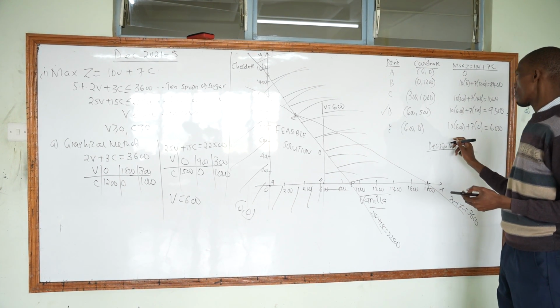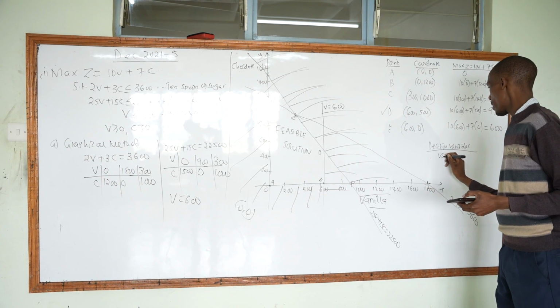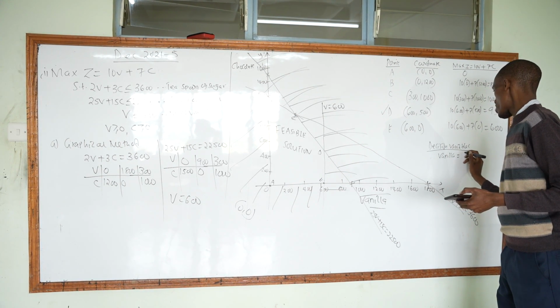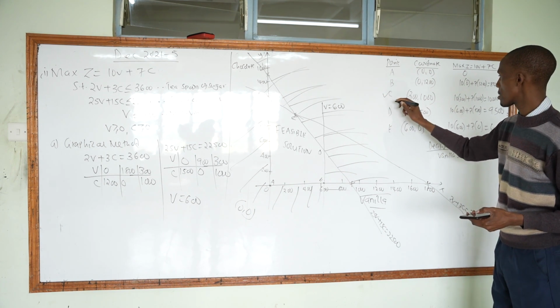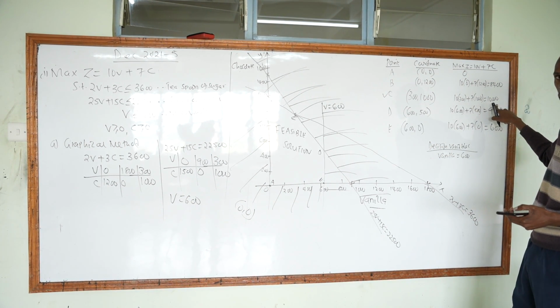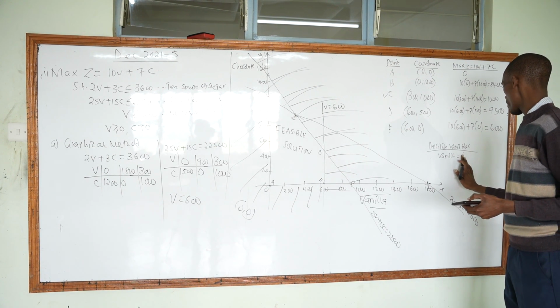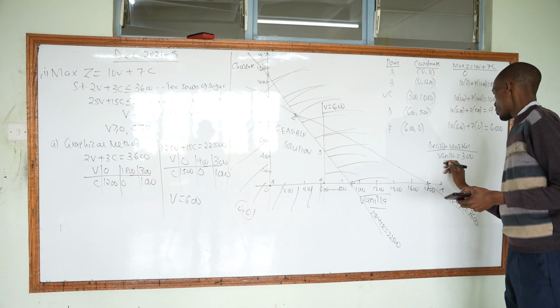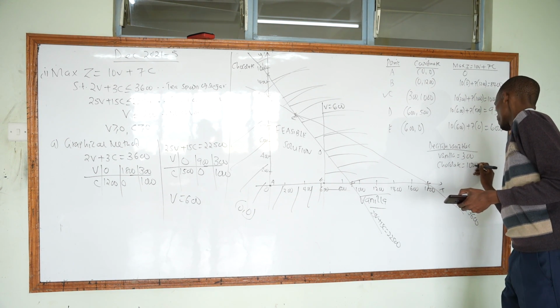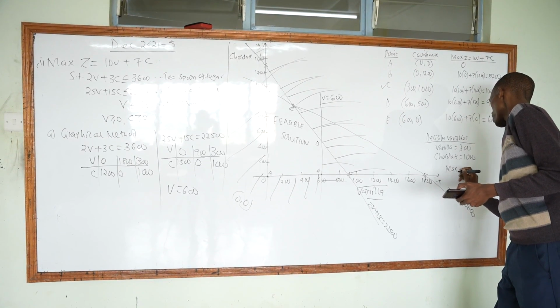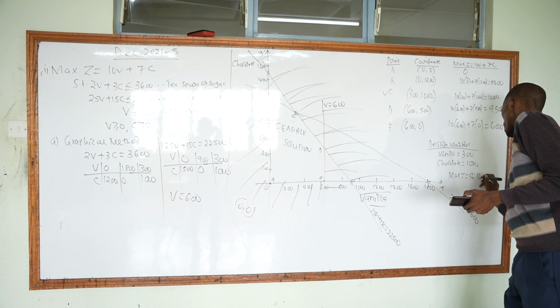The point which has given us the maximum is C, because C has given us 10,000. So in this case, vanilla you make 300, chocolate will be 1,000. Then your maximum profit will be 10,000.